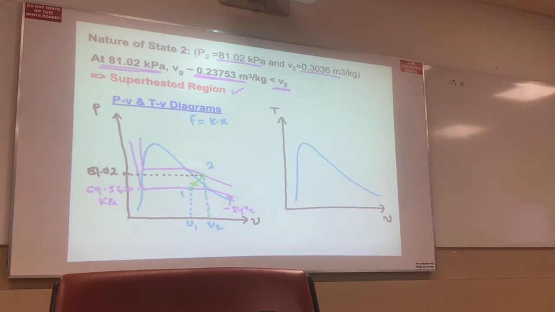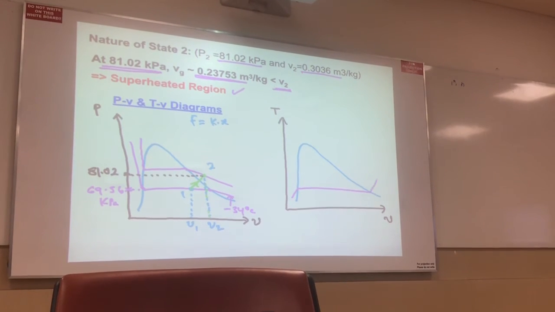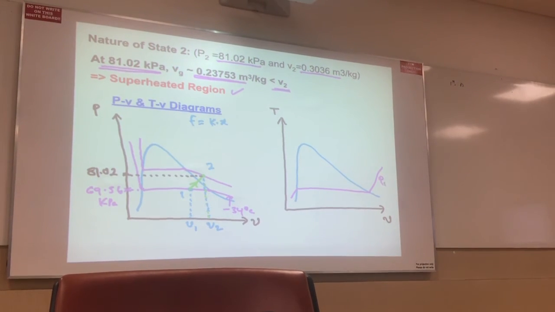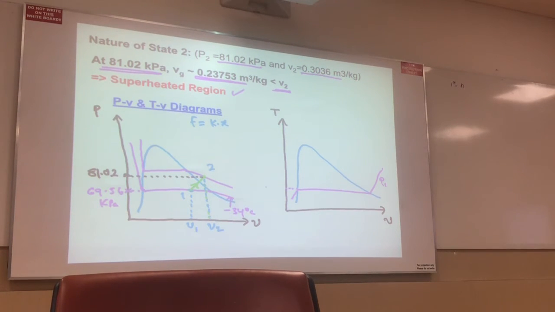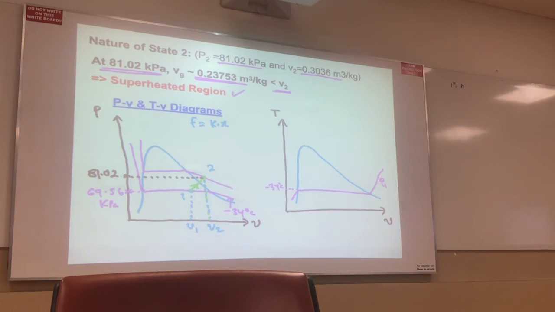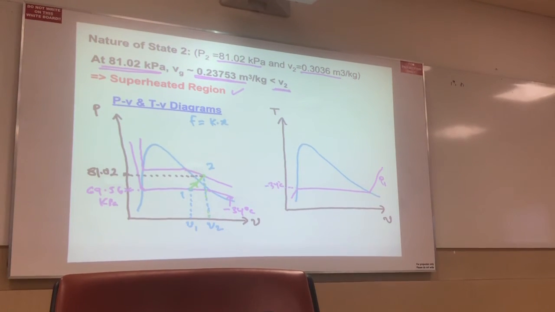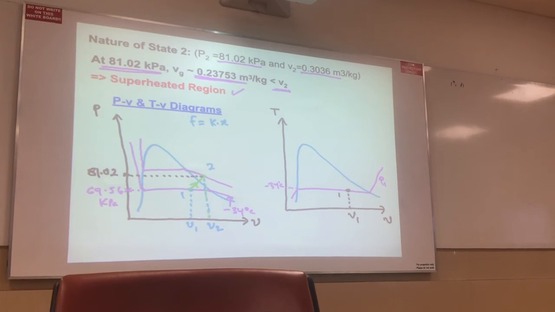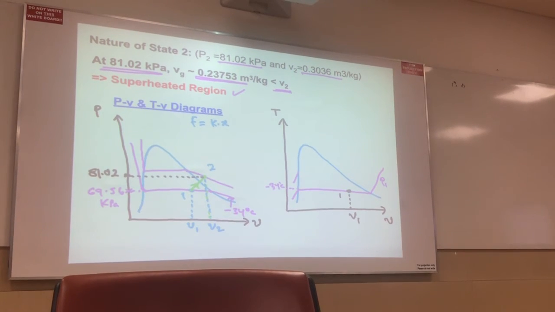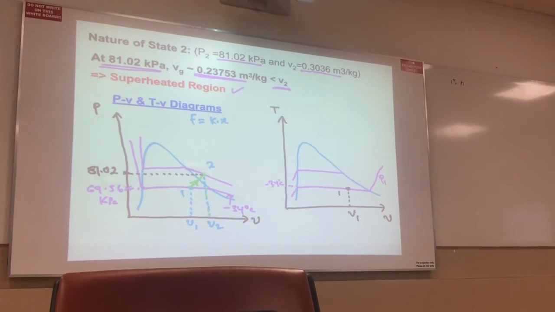Similarly, for the TV diagram, I should start with the constant pressure line. This is state 1, and this is temperature T1, which is minus 34 degrees Celsius. And pressure P1 I know. The pressure increases from P1 to P2.